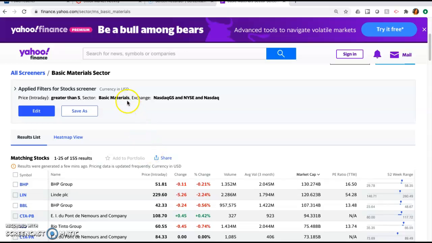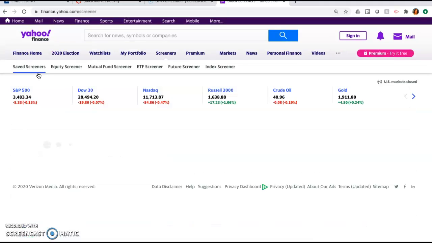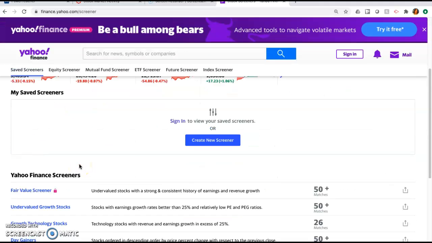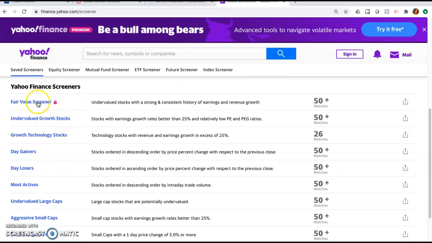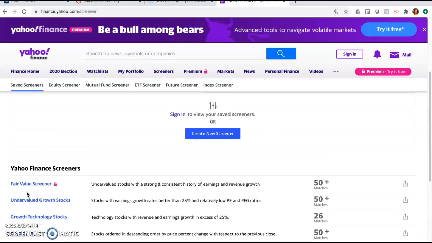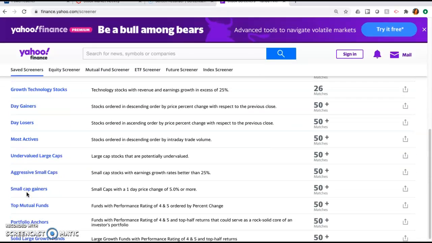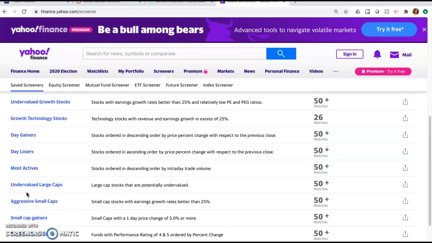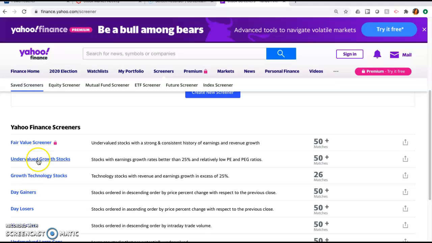But, oh, here we go. All screeners. There's some value screeners, undervalued growth stocks. That looks good. Growth technology stocks, most actives. So you might look under industries and see one of these, and that might help you, again, find something of interest that you might want to grab.